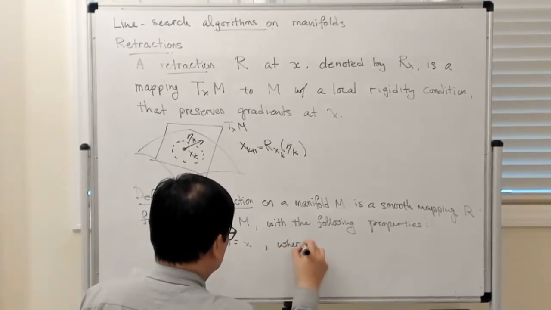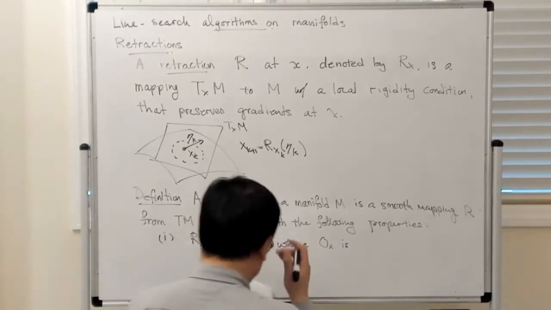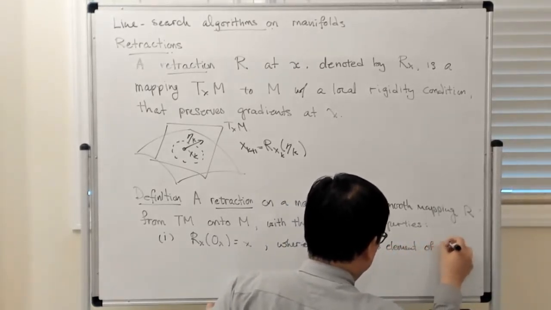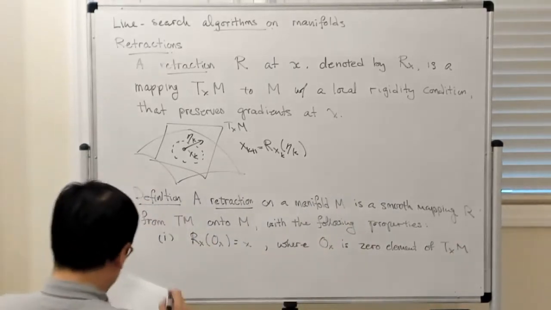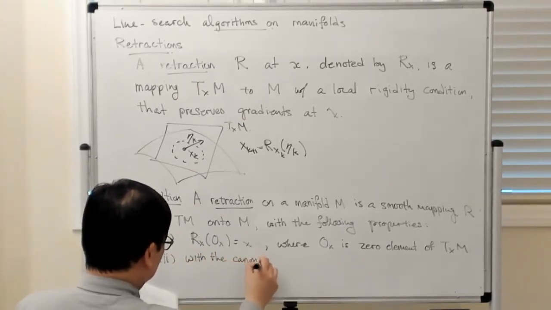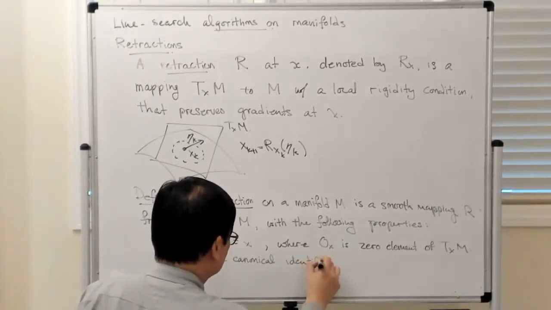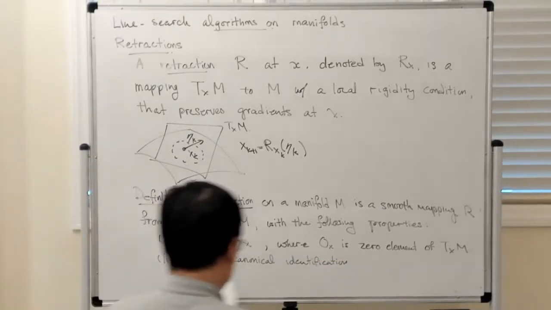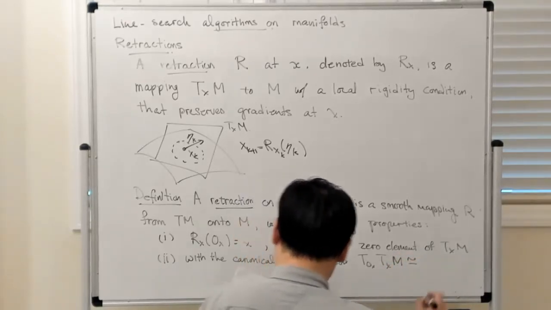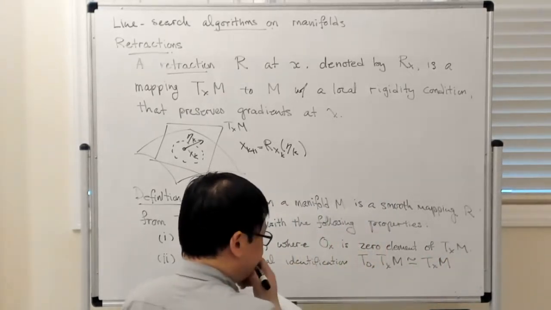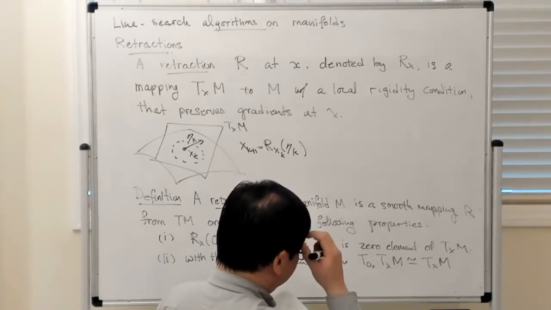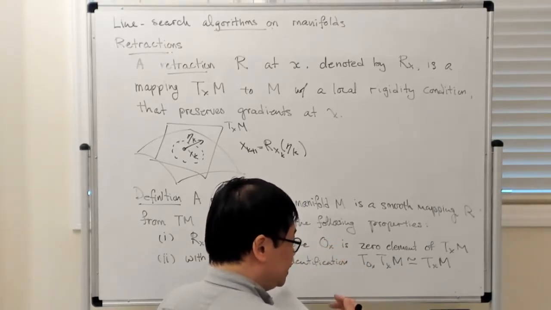where 0_x is the zero element of the tangent space T_x M. Then the second one is that, with the canonical identification of T_{0_x}(T_x M) with T_x M. What I mean by that is, if you recall, the tangent space to a Euclidean vector space is identified with the vector space itself.